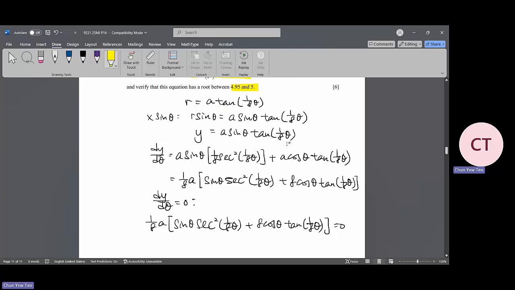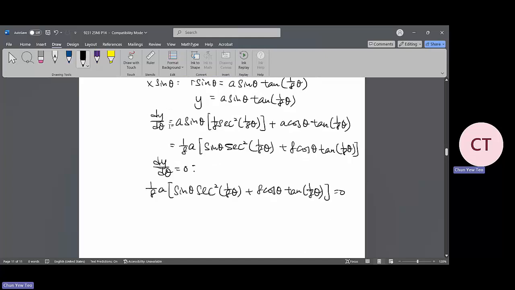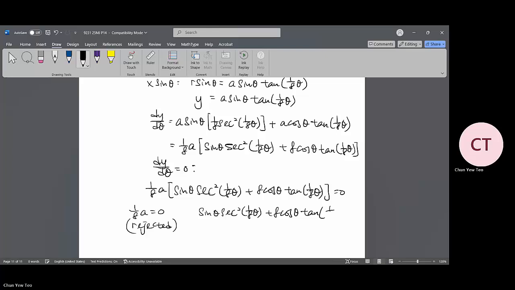And you can see the equation that they want you to show over here. You can see that this equation has no tangent, no secant. So what I need to do is reject that factor. Only this one left. So over here, you multiply everything by cos square theta, because secant square times cos square gives you 1.